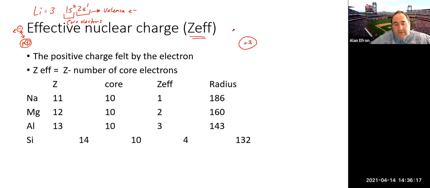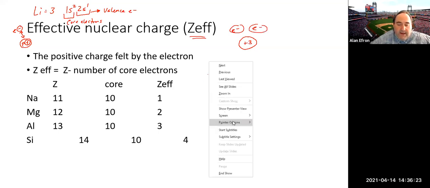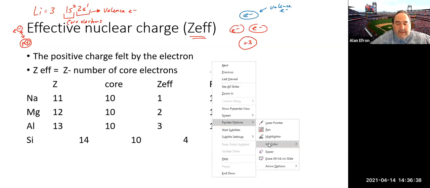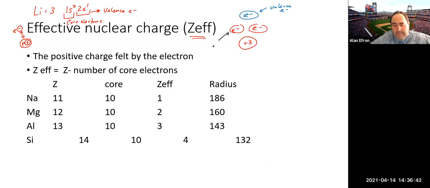We got those core electrons closer to the nucleus there, and then behind those core electrons, a little higher in energy, a little bit further away, we have our valence electron, right? So what is the difference in terms of the charge that is felt by our core electrons here versus our valence electrons?